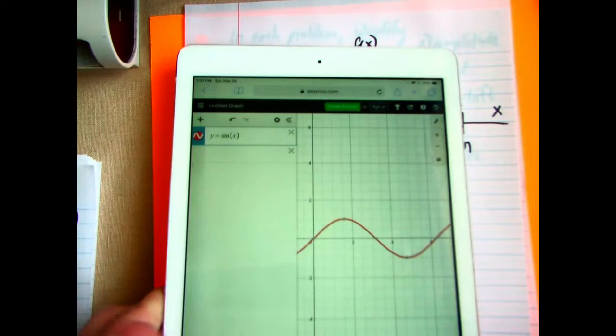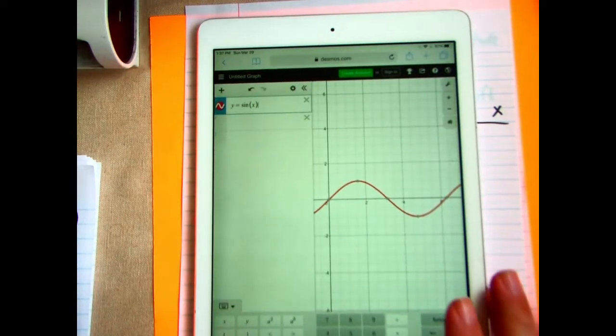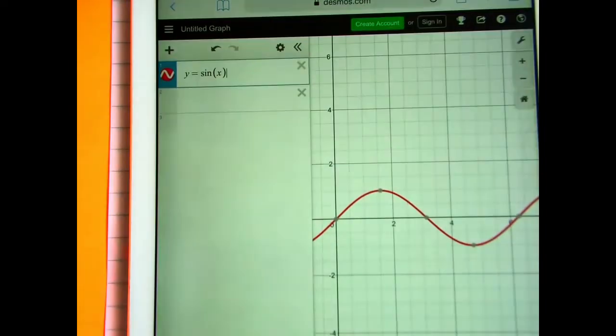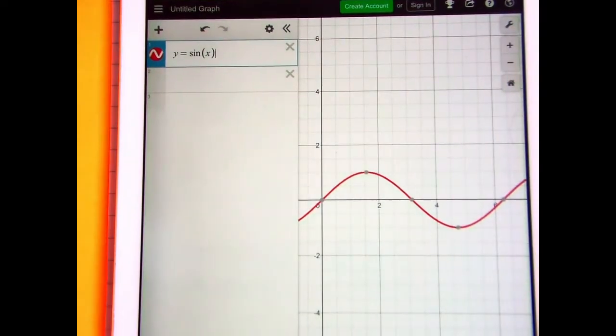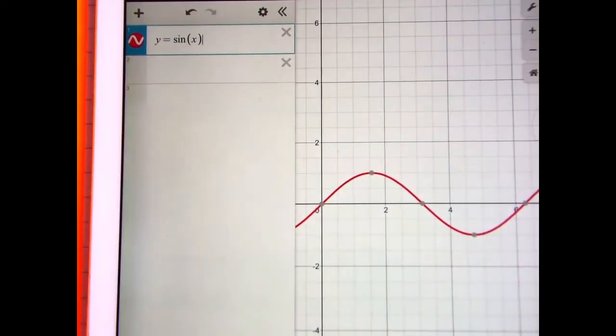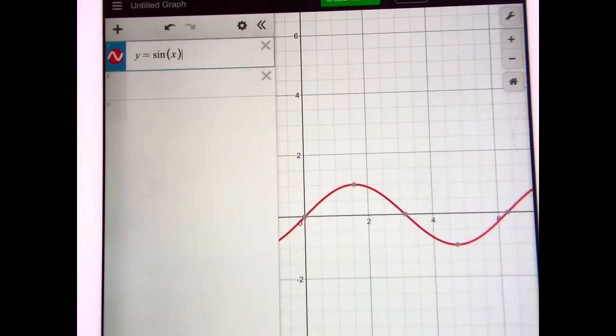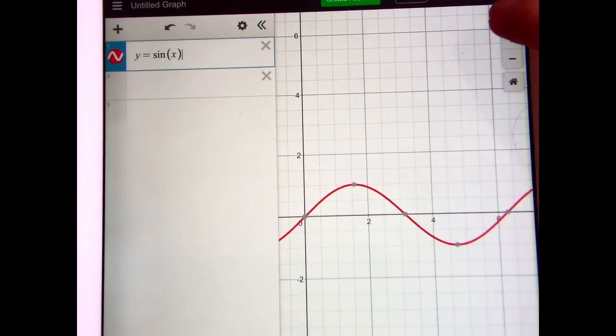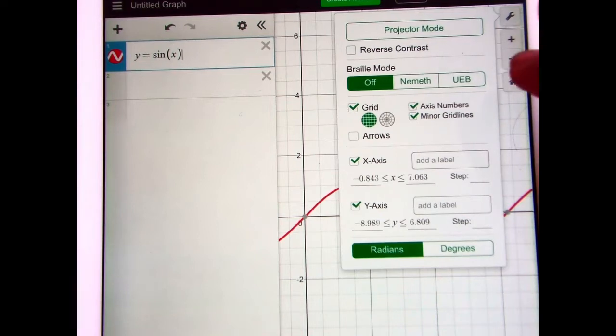So it can be kind of hard to see on paper. Let's see what it looks like on Desmos.com. Whenever you're graphing on paper, I highly suggest that you use Desmos as a tool. It's very powerful. It can make sure that you're doing it correctly.